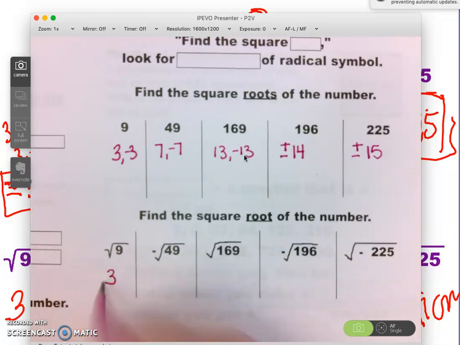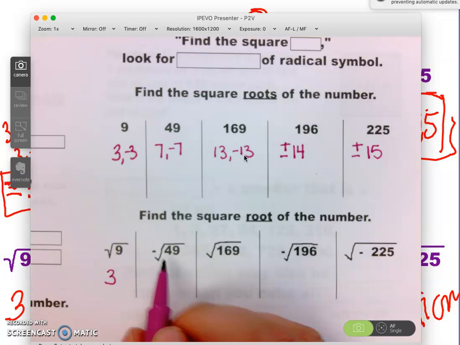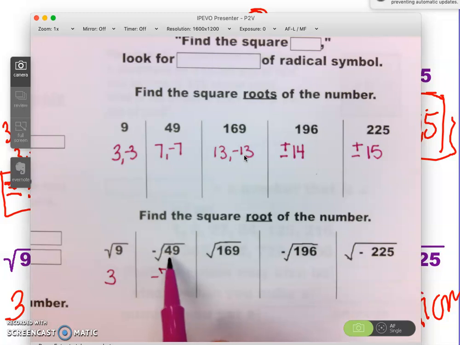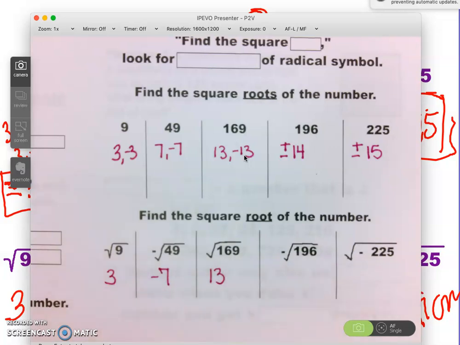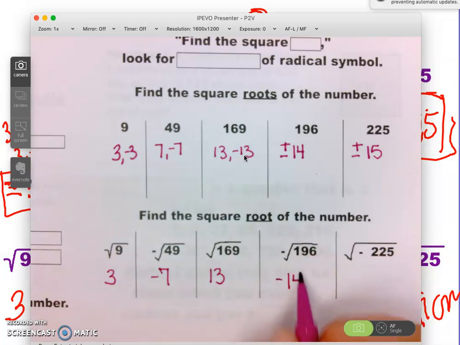So this is just 3. This one I have a negative, so it's going to be a negative 7. Again, what multiplied by itself will get me that 49? Negative 7 times negative 7 is 49. Okay, no symbol, no operation, positive or negative, so we have 13, negative 14.